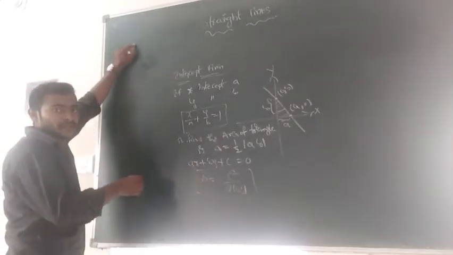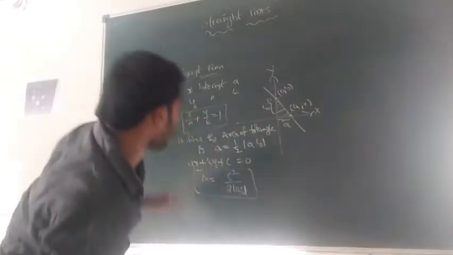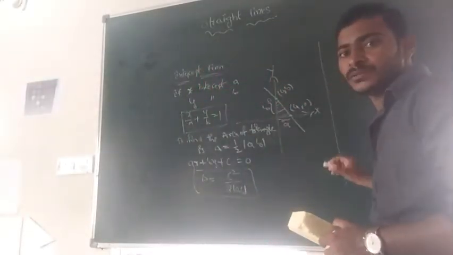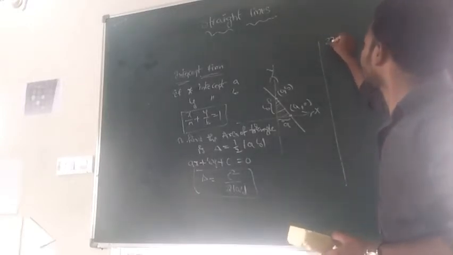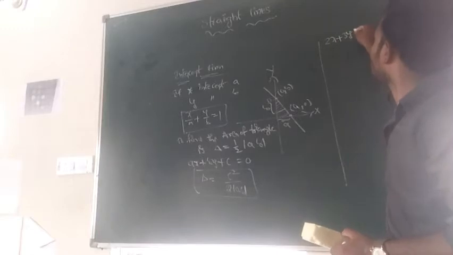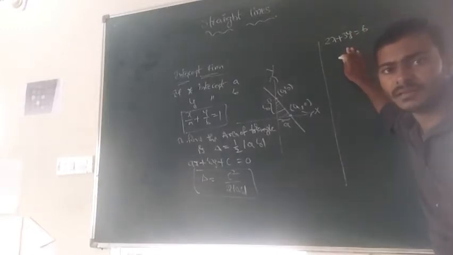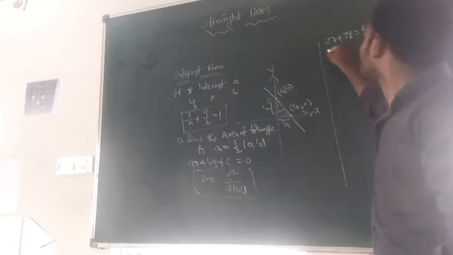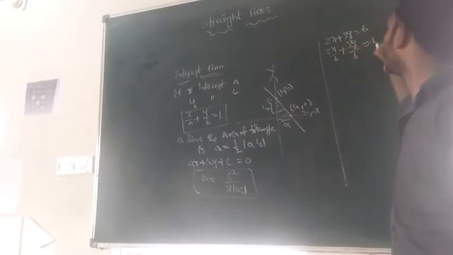Suppose we take one example depending on this formula. Here, any straight line 2x plus 3y is equal to 6. It can be converted into intercept form, that is 2x by 6 and 3y by 6 is equal to 1.